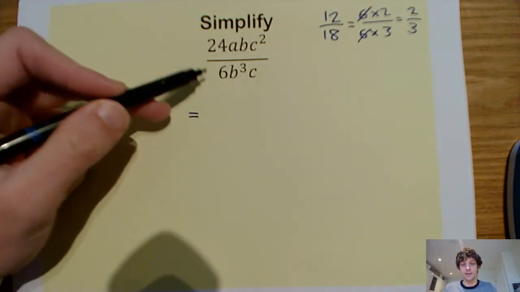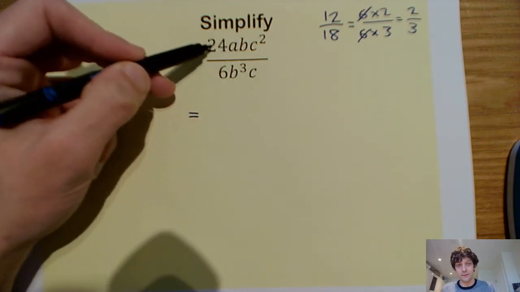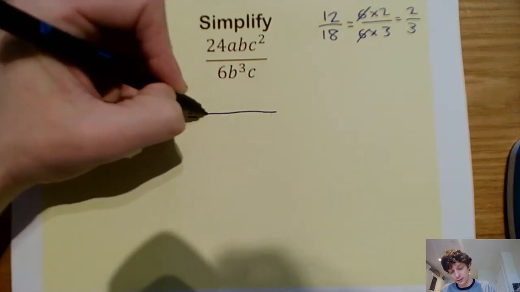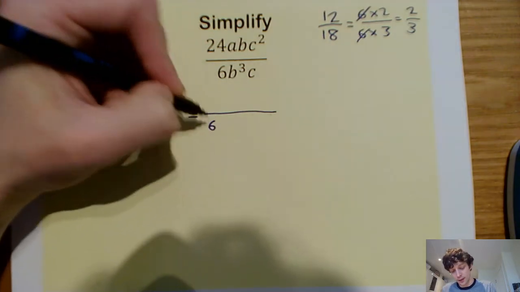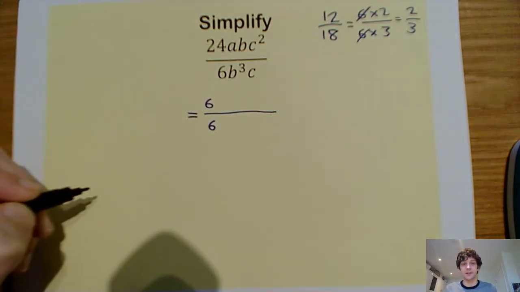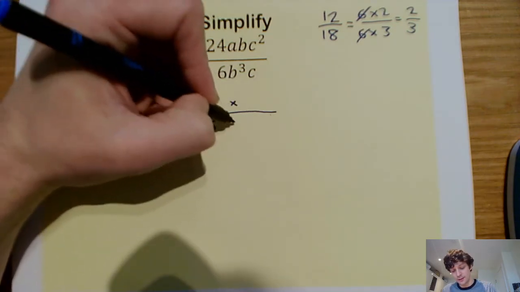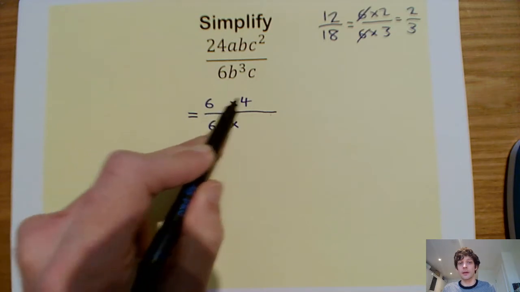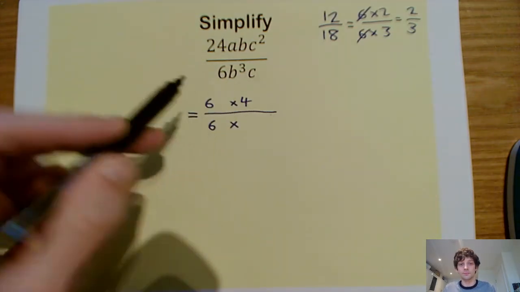So, in this example, what I'm looking for is, what do I have in common? Well, I've got 24 as a number on my numerator and 6 on my denominator. So they both have 6 in common, and I think I can make that 6 a common factor. If I consider what I'm multiplying by on the numerator, I need a 4 to make 24. 6 times 4 gives me 24.